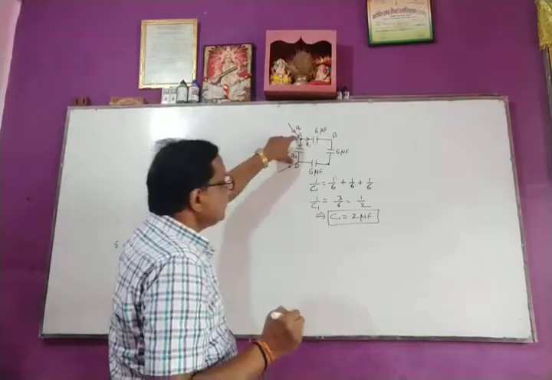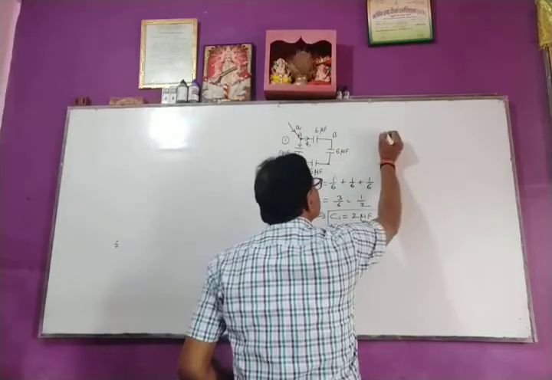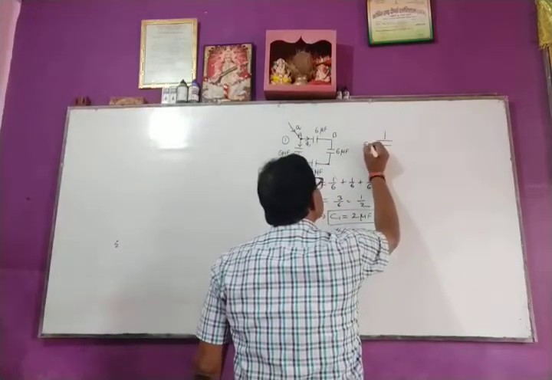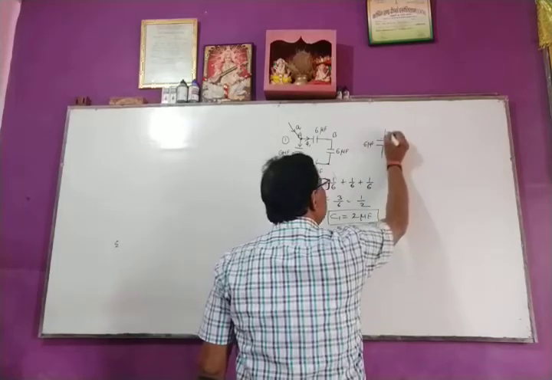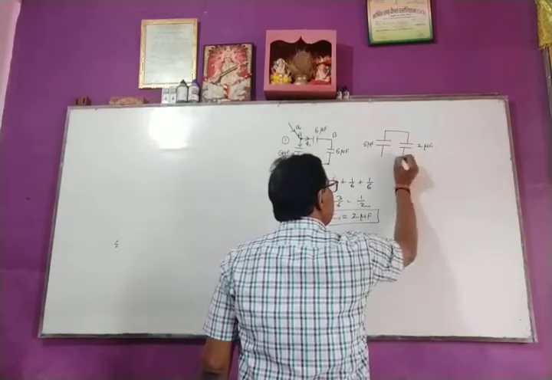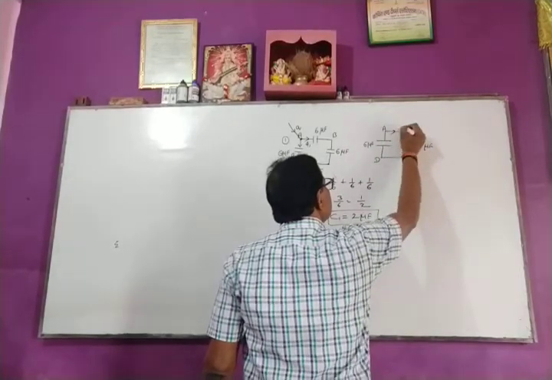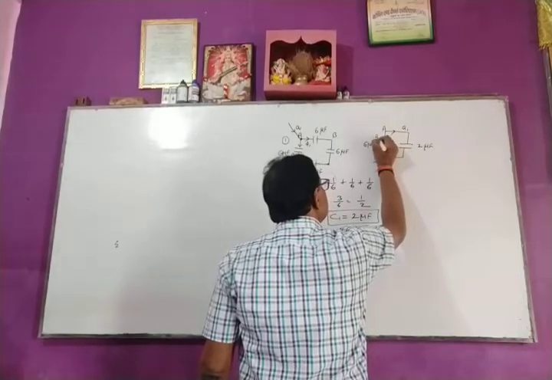Between A and D, we have 2 microfarad and 6 microfarad. Q1, Q2.